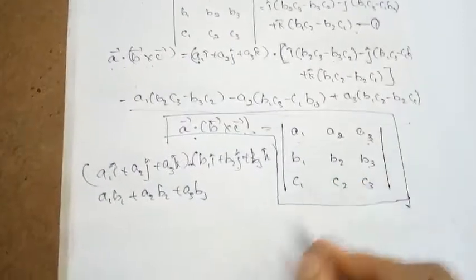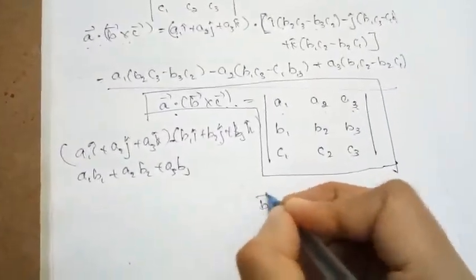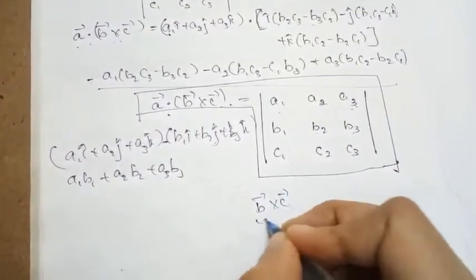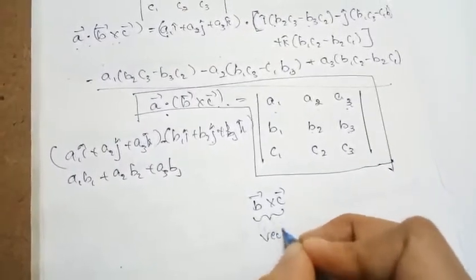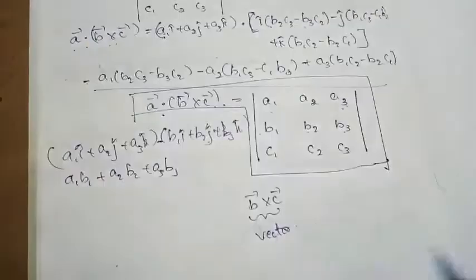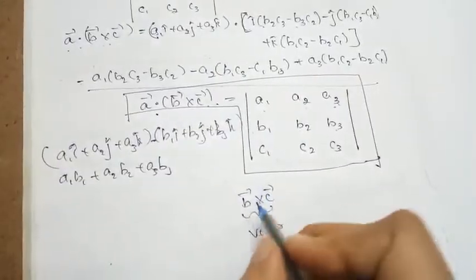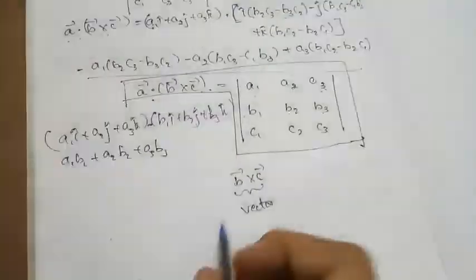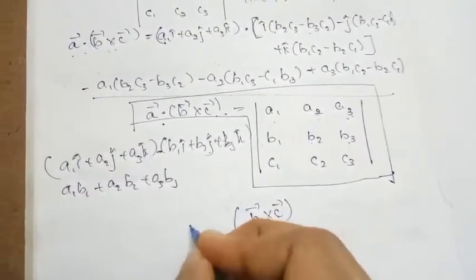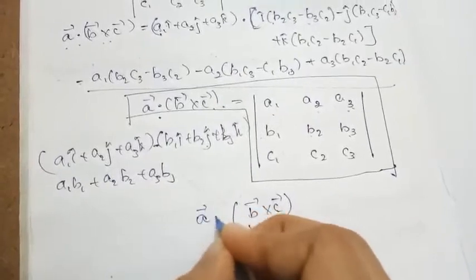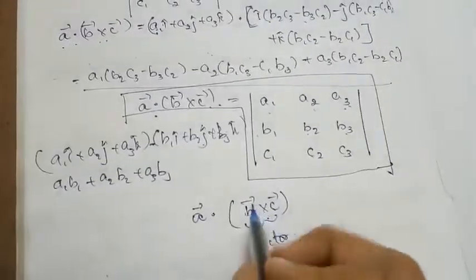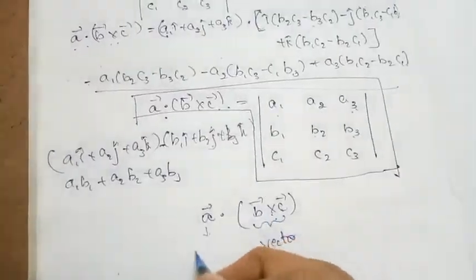Now you can observe properly here, vector B cross C is a vector. By cross multiplication of these two vectors, we get a vector. We are taking the dot product of two vectors. This is again a vector, and this is also a vector.